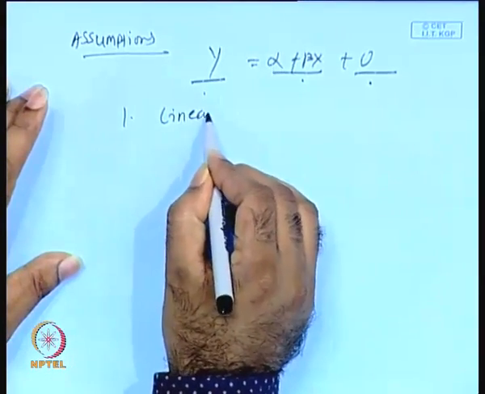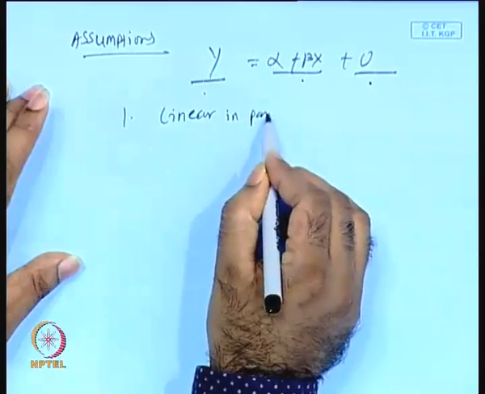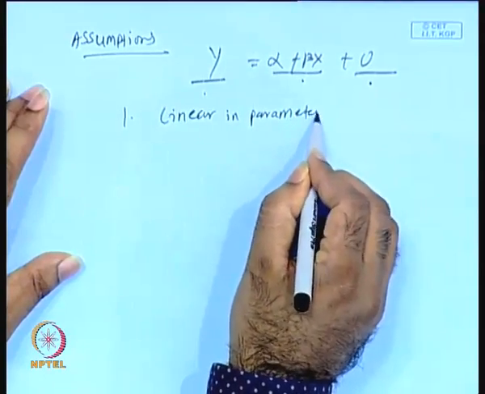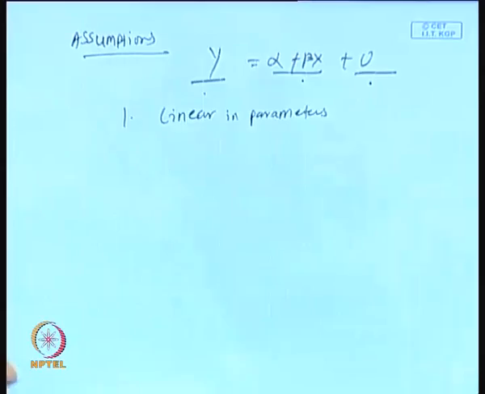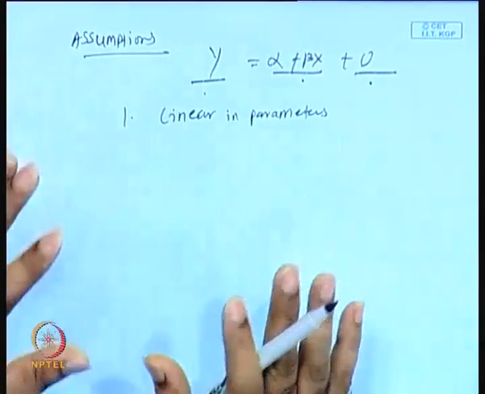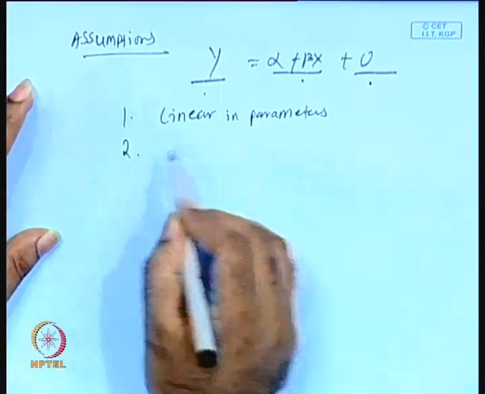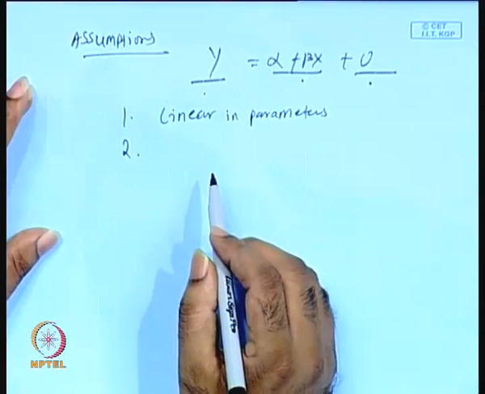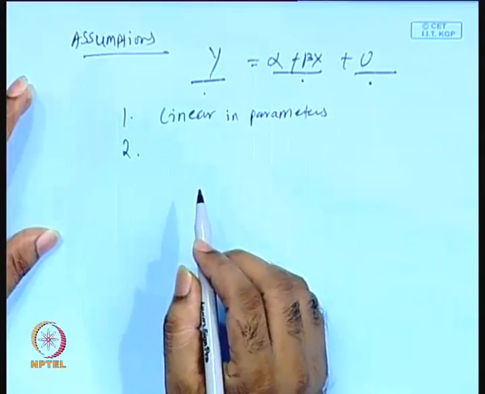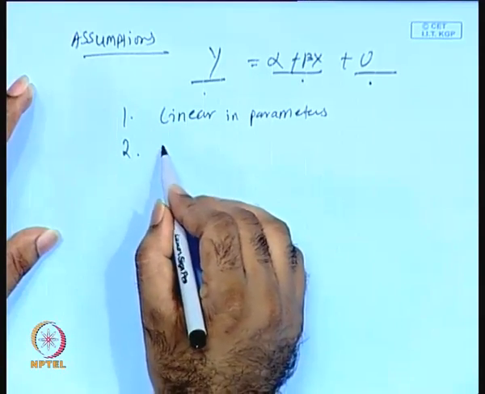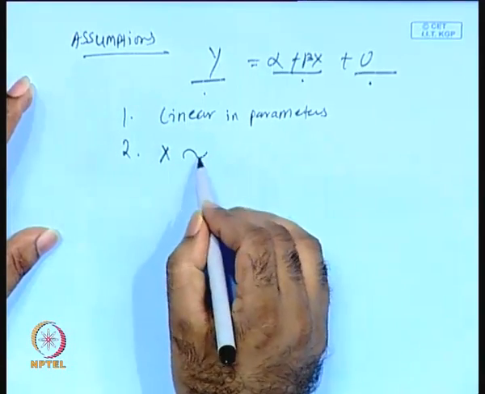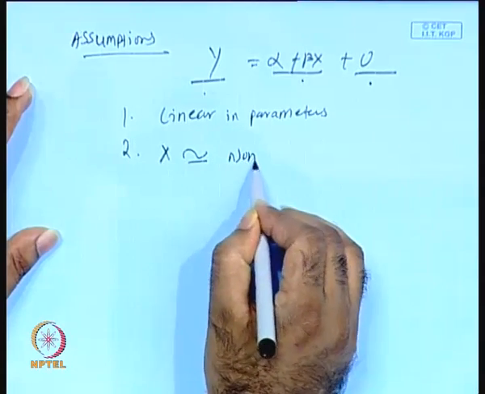Alpha and beta are represented in linear form without any problem. The second assumption is that x, the independent variable, should be non-stochastic.